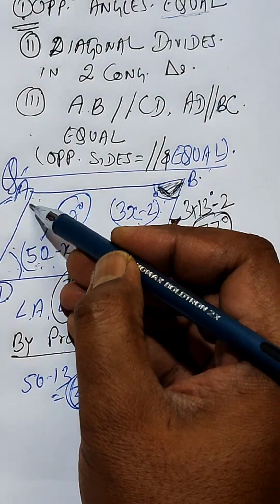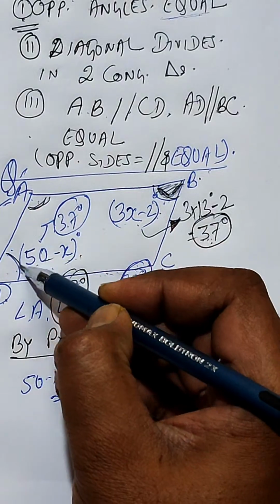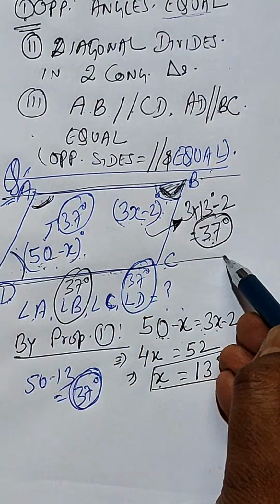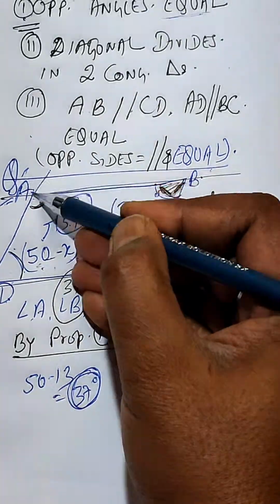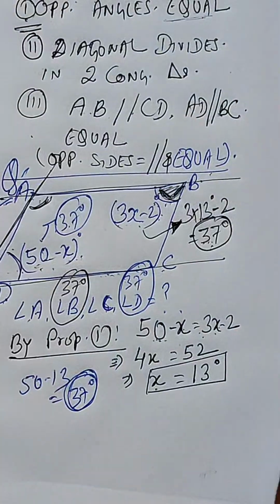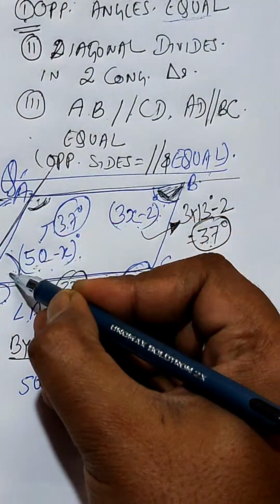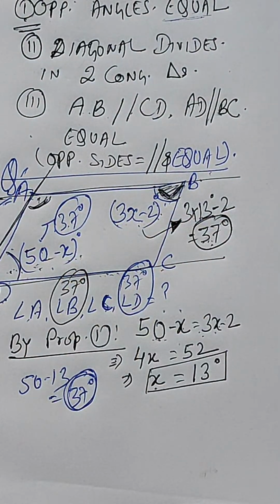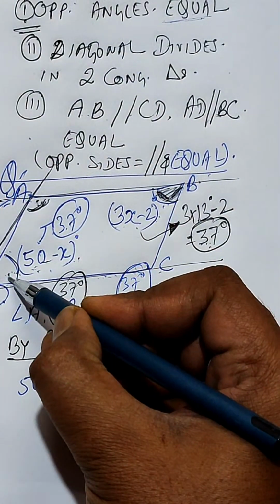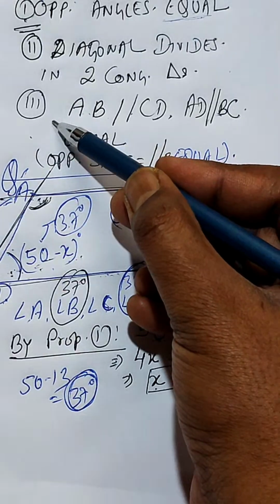These are the interior opposite angles, because you can see AB and CD are parallel lines and AD is the transversal, right? Then here can we say that angle A plus angle D equal to 180 degree? So the sum of interior opposite angles is 180 degree. This is also one of the theorems which we have missed over here.